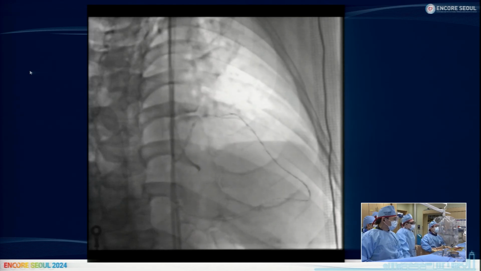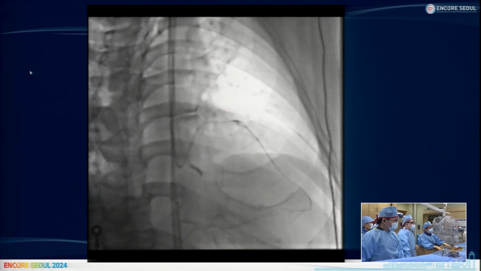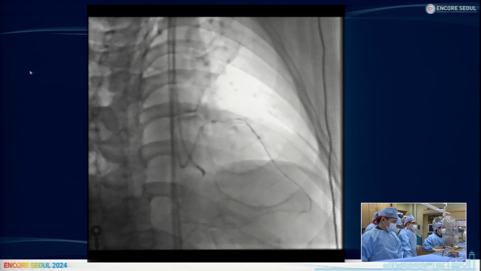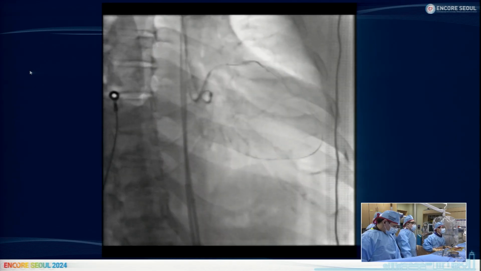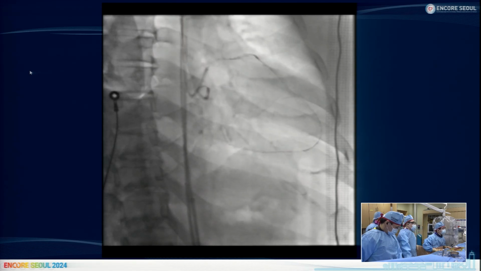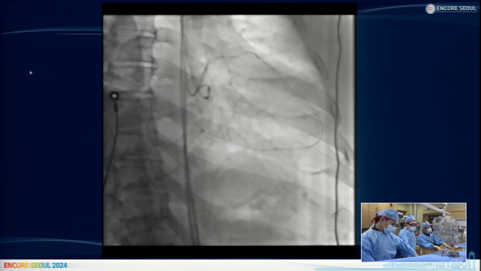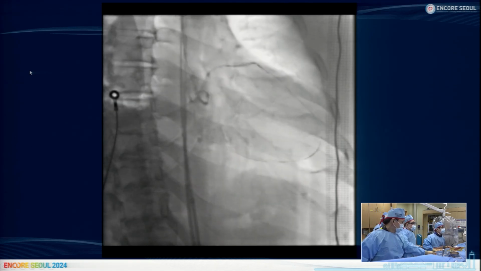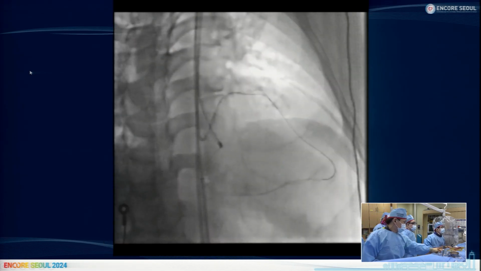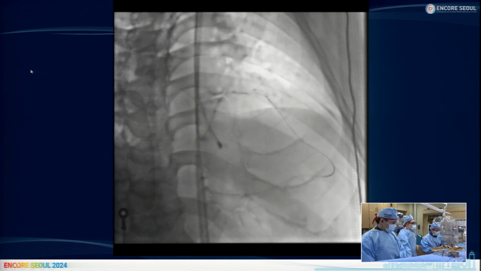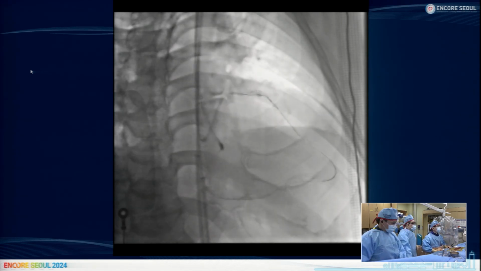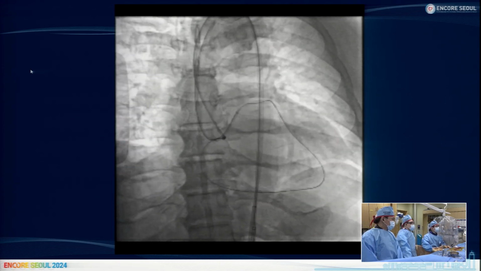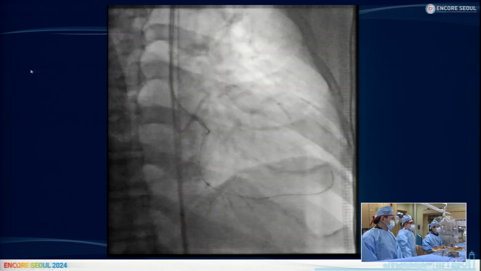Then I redirected the retrograde wire to the calcified CTO segment. But it's very calcified, thus it is impossible. Then I finally chose Gaia Third near the antegrade wire. Then finally entered the antegrade guiding catheter.